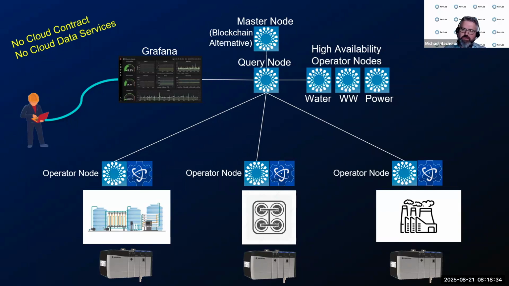You could use OPC UA directly from within AnyLog as well. And then we have the AnyLog node, and that's the operator node for AnyLog. That's where it will, in this case, Dynix, ingest the data into AnyLog. Based on how you decided to model that, it will build your schema and store into PostgreSQL, in the case of the city of Sabetha, sitting on that industrial PC. It does that for each of the water plant, the wastewater plant, and the power plant.